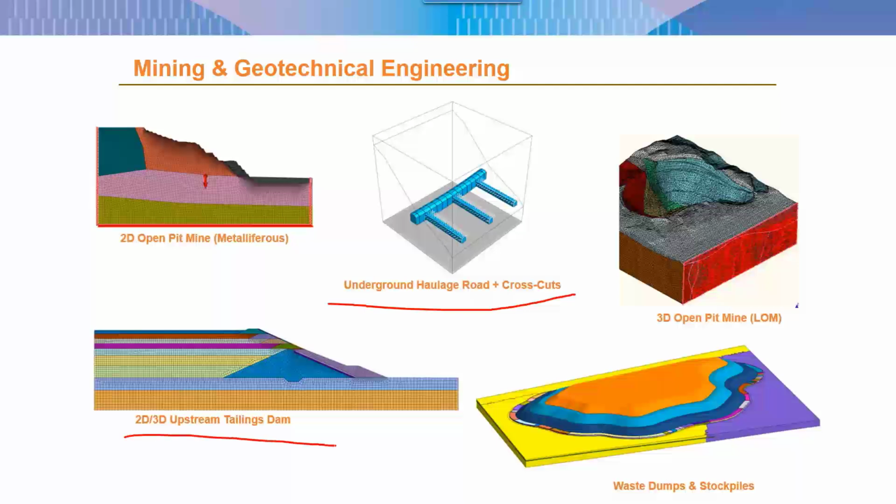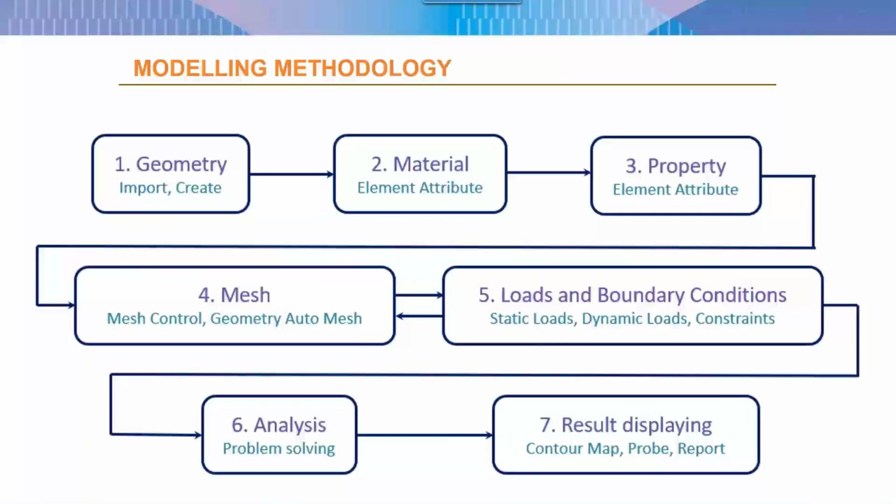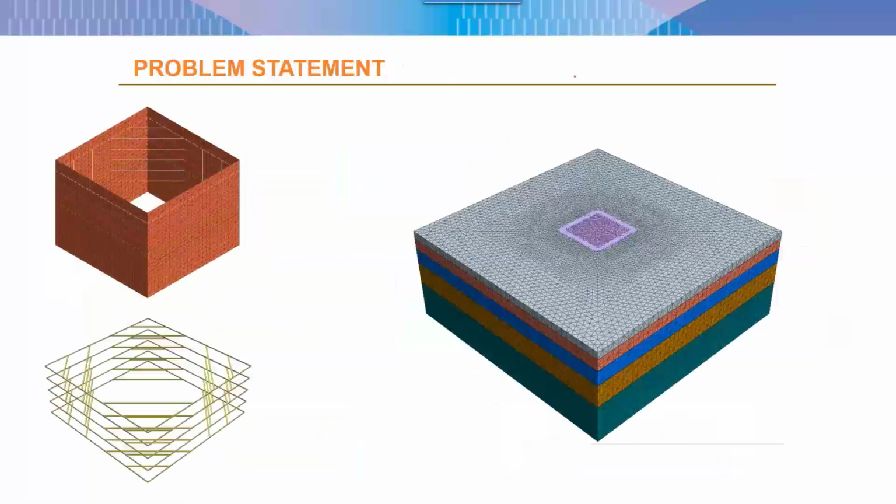Then your waste storage, then dumps and stockpiles. So I hope the applications of GTS are clear for everyone. Next, we'll go to the numerical model and the software demo itself.